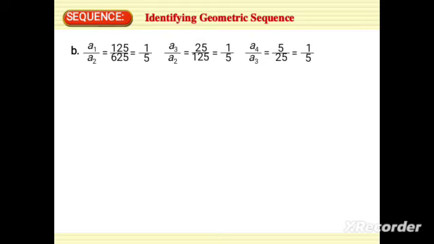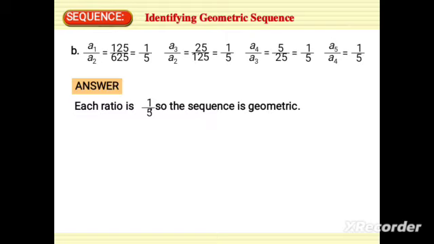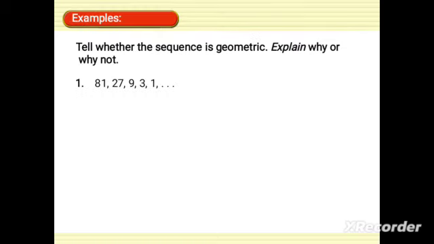The other one is 5 over 25, which is 1 over 5. And lastly, 1 over 5, which is still 1 over 5. So here you realize that the ratios are common or constant. Therefore, the sequence is geometric.